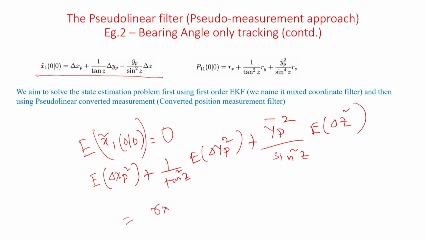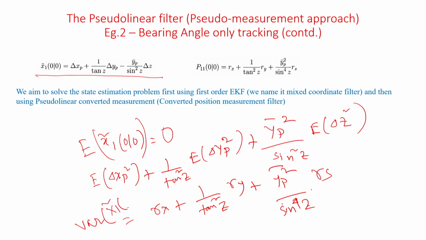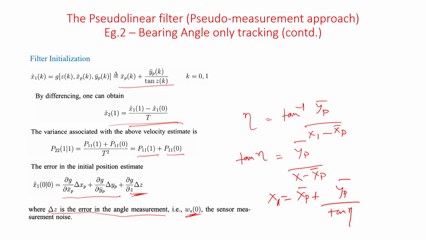This is actually your R x, 1 meter perturbation, given 1 by tan square of z, z and eta both are the same, R y 1 meter again, y p bar square divided by sin to the power 4 z into R s. So, this is going to be the variance of x 1, or this is actually your P 11. Once you find it out, you can find out P 22. Okay.